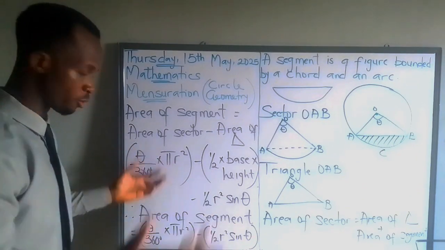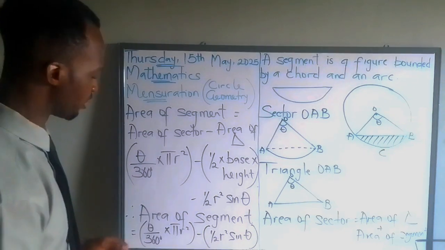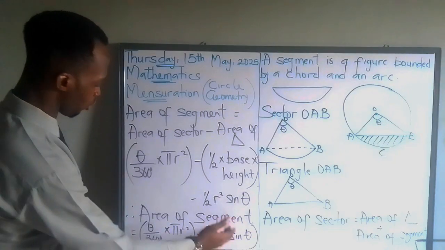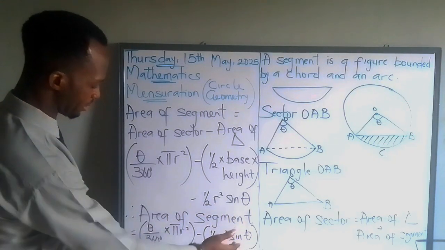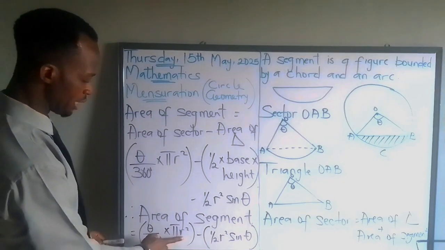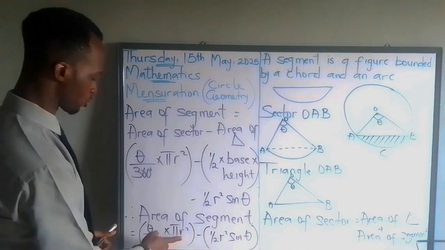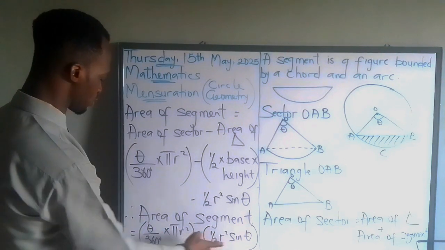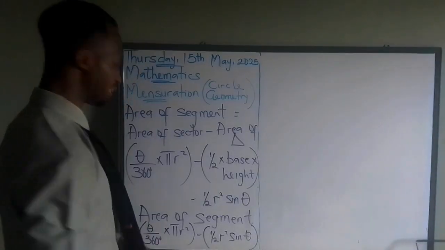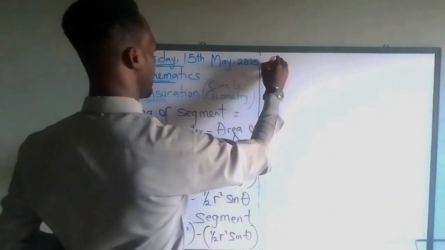However, if you want to factorize, you can go ahead and look at both sides. What do we have common to both sides? Radius, r squared here. Can you see that? R squared here. So r squared is common to both sides. So we simply write it out.